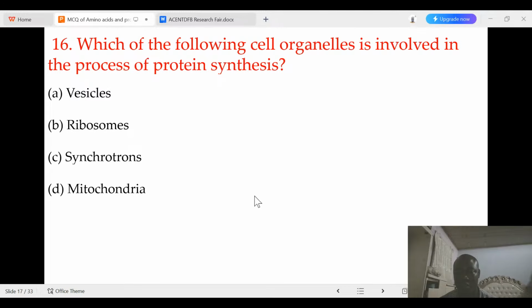Achieva says B. Ibrahim, Bashir also says B. Rachel says B. Jamal also says B. Question 16, that is ribosome. Excellent. Generally the DNA is in the nucleus, and then the DNA will be converted into RNA, mRNA, that is messenger RNA.